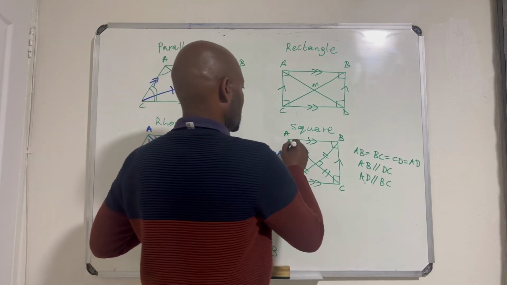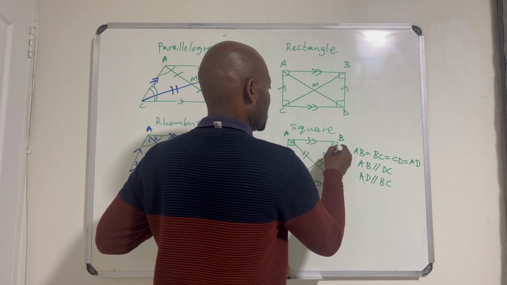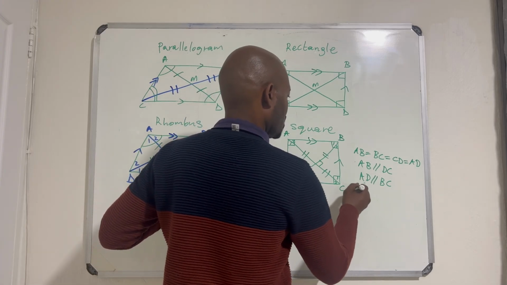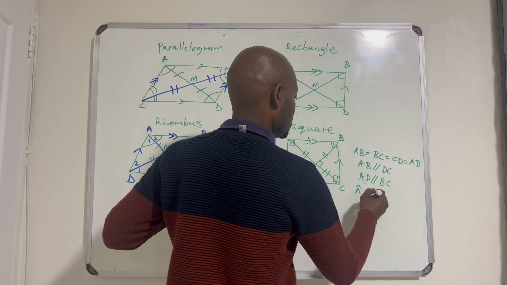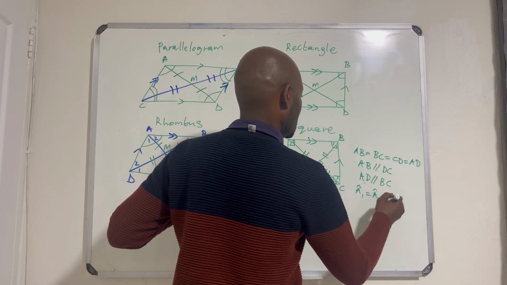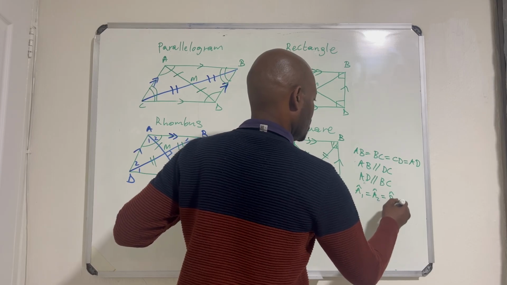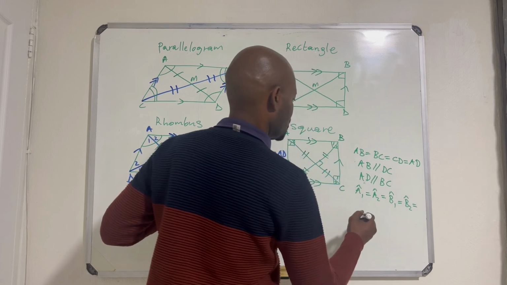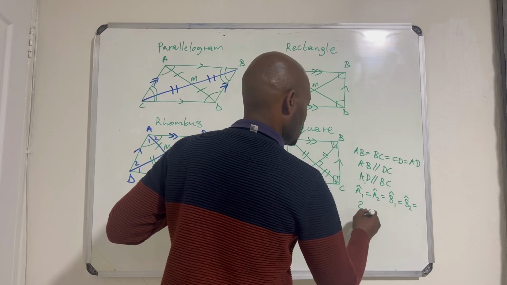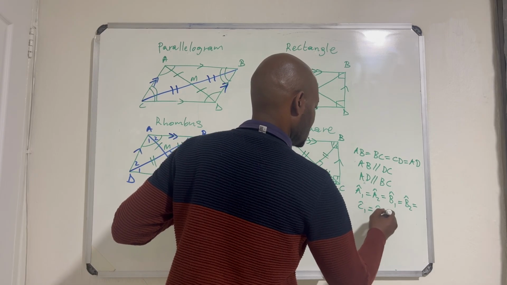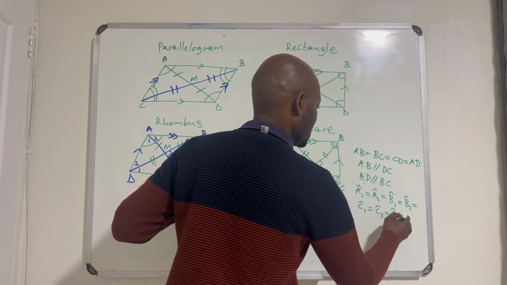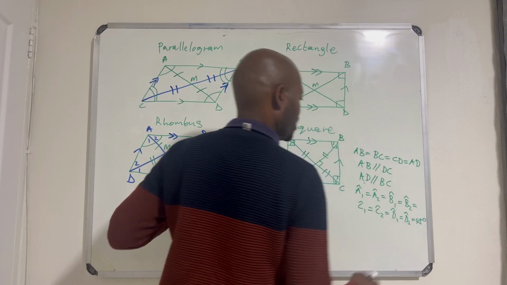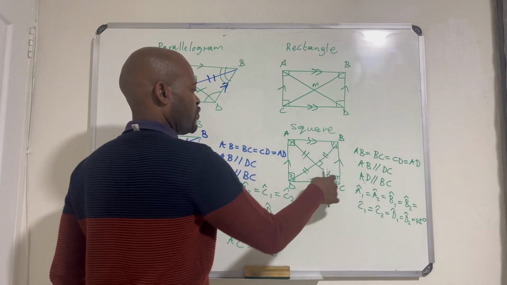Also, if these are angles A1, A2, B1, B2, C1, C2, D1, D2, then angle A1 equals angle A2 equals angle B1 equals angle B2 equals angle C1 equals angle C2 equals angle D1 equals angle D2 equals 45 degrees. All these angles are 45 degrees.